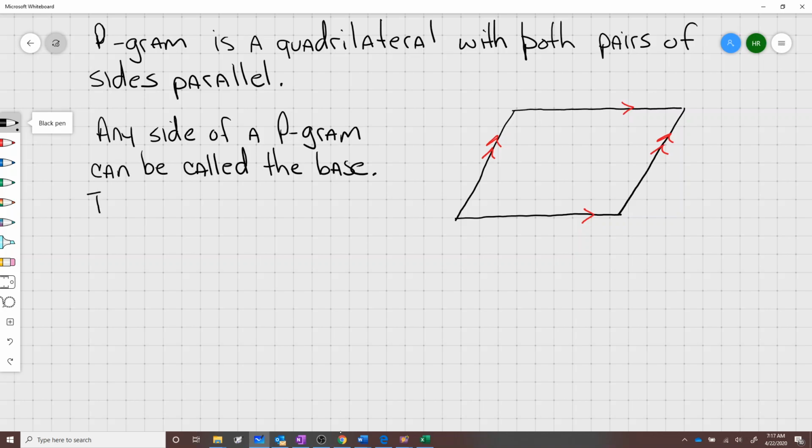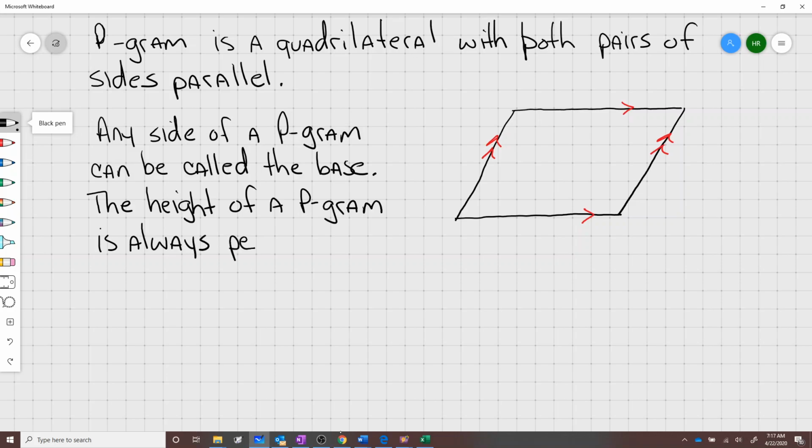The height of a p-gram is always perpendicular to the base.